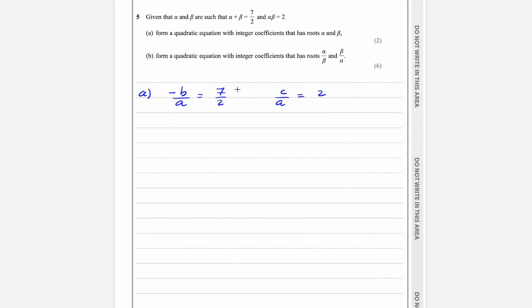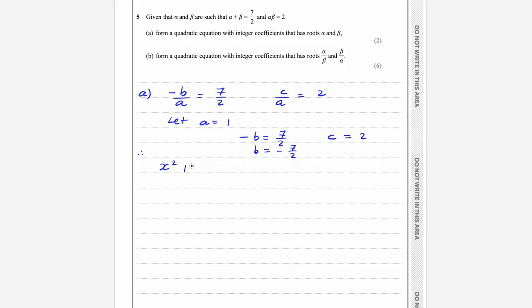Now you can let a equal anything. Let's just say, let a equal 1, just to find some quadratic equation. So we have negative b equals 7 over 2, and c is equal to 2. So then I can say 1x squared plus bx, sorry, b is then negative 7 over 2.